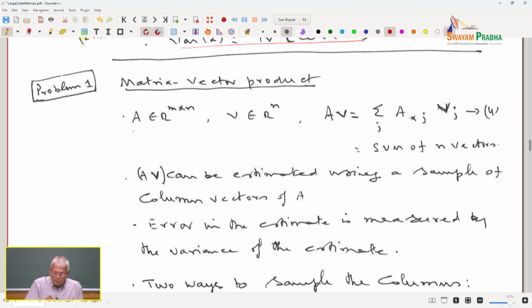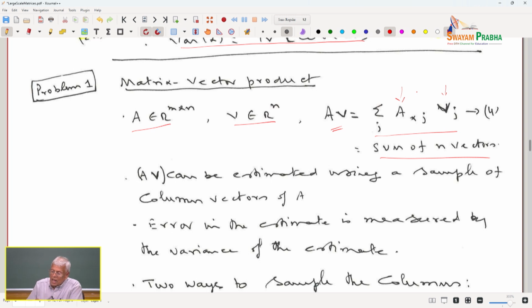My job is to be able to compute the product of the matrix and the vector, and we all know computing the matrix by a vector can be thought of as computing the linear combination of the columns of A with the components of the vector. So AV is a vector which is simply the linear combination of the jth column of A with the jth element of the vector. It is the sum of n vectors, because a constant multiple of a vector is a vector. So a sum of n vectors.